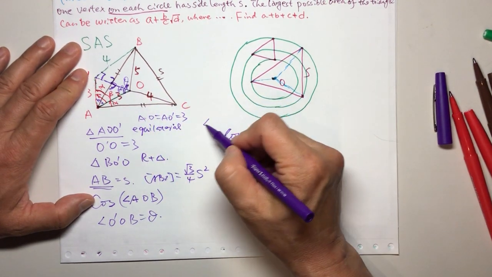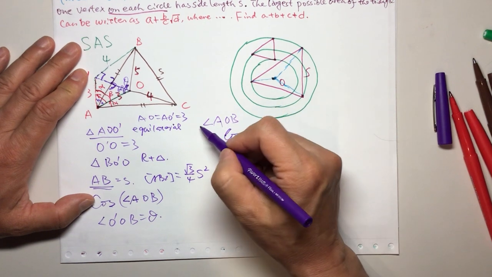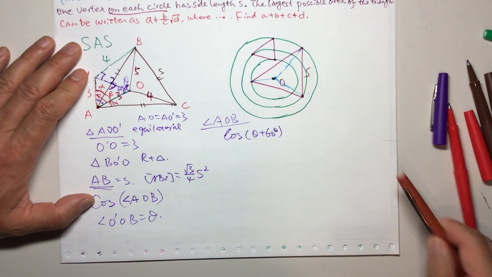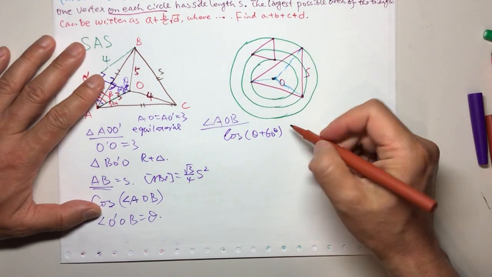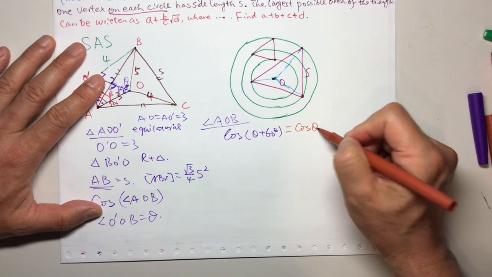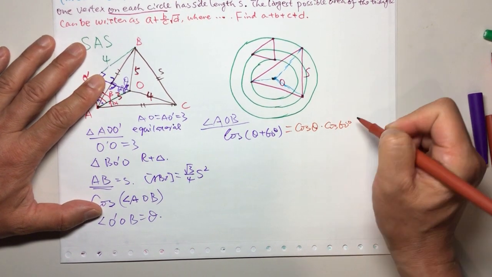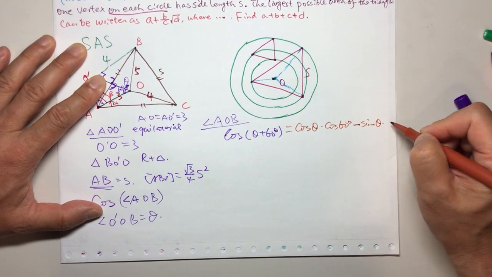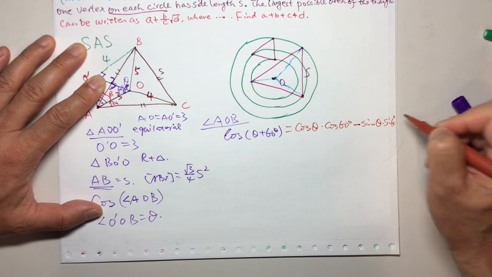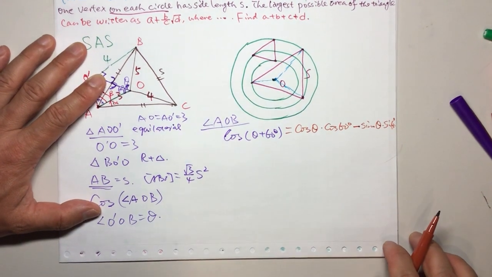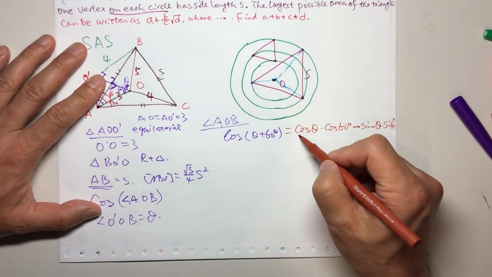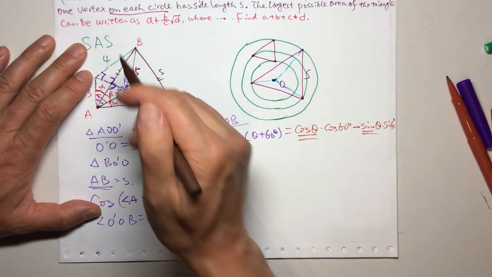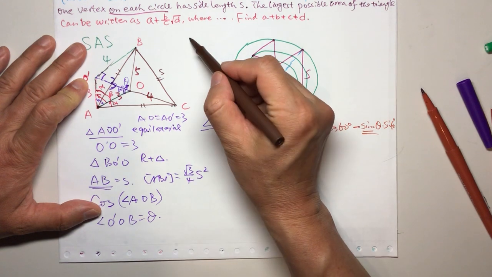We want the cosine value of angle AOB, and we know the formula: cosine theta times cosine 60 degrees minus sine theta times sine 60 degrees. So we just want to get these two. This is easy, it's a right triangle.